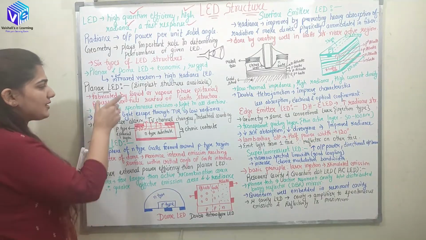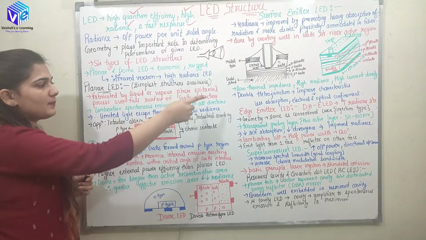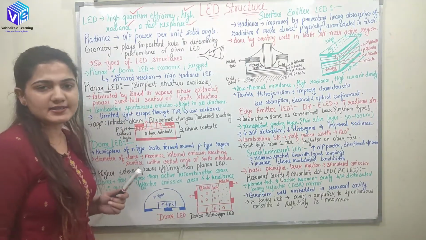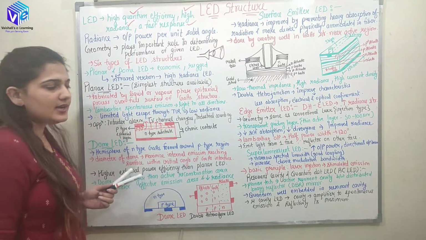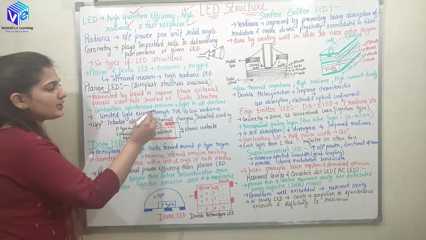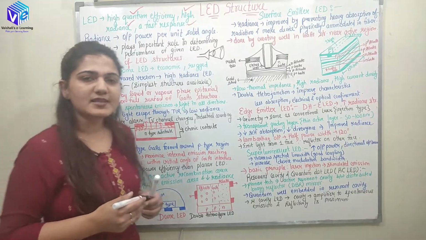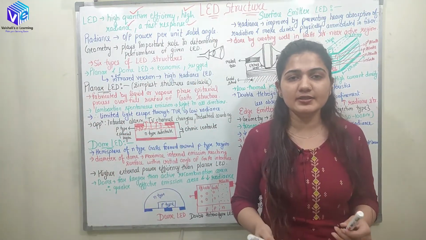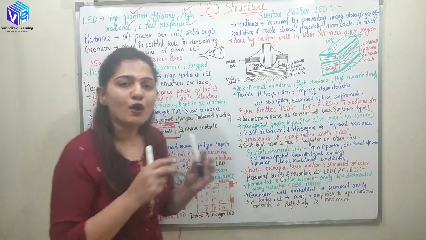I can simply make or fabricate it by the liquid or vapor phase epitaxial process over the full surface of the gallium arsenide structure. I hope you understood this. Now Lambertian spontaneous emission will be taking place, and I told you in the Lambertian spontaneous emission that light will be going in all of the directions.